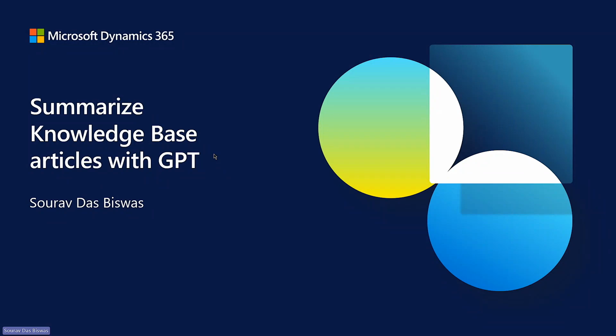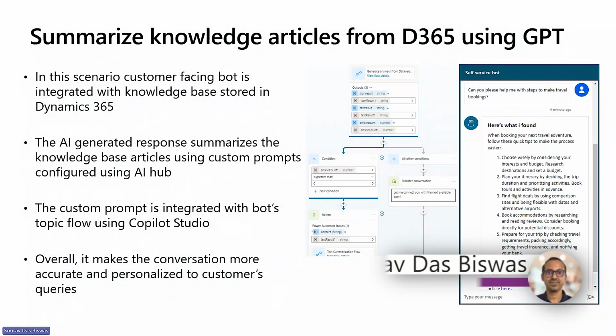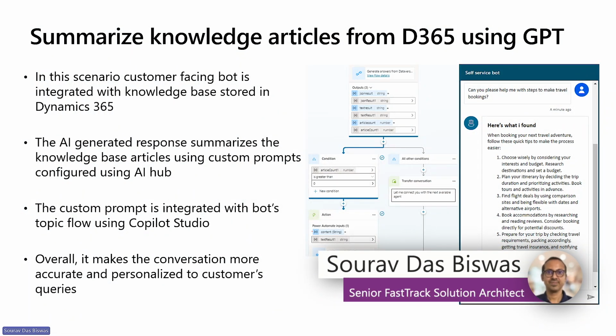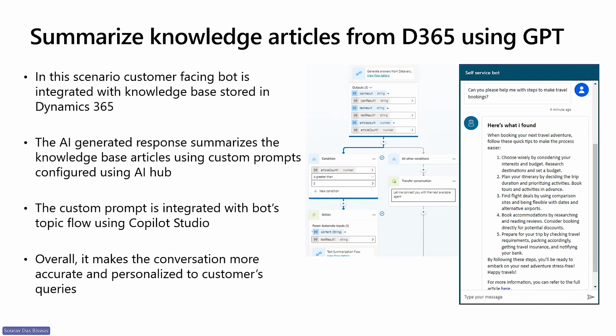Hello, everyone. Today, in this article, we are going to see how knowledge search can be integrated into your bots, which can provide customers with a self-service option, allowing them to find the information they need quickly and easily. The knowledge articles retrieved from Dynamics 365 contain a lot of information.